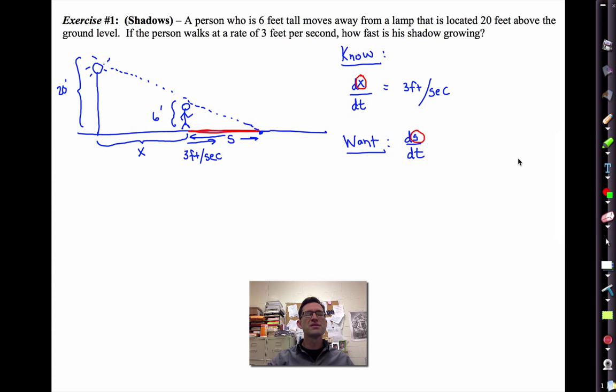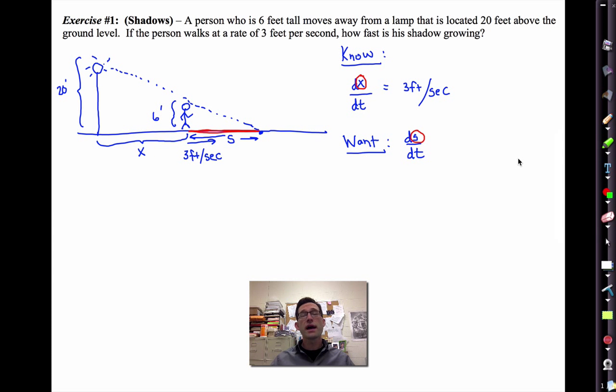And again, people's natural inclination is to try to do it through a Pythagorean theorem, but that really doesn't help very much. It doesn't bring in the 20 or the 6, and I really don't care about the hypotenuses on these triangles. So pause the video now and see if you can think of any geometric tool that you could use to set up any kind of an equation that relates x to s. Pause the video now.